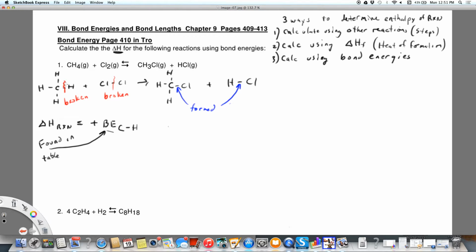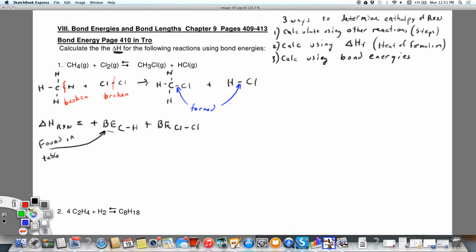So that's the first bond that's broken, that required energy, plus the bond energy, I'm just abbreviating it BE, of Cl-Cl, just the 1. So this bond and this bond, both of these are broken, that's why we put a plus here.